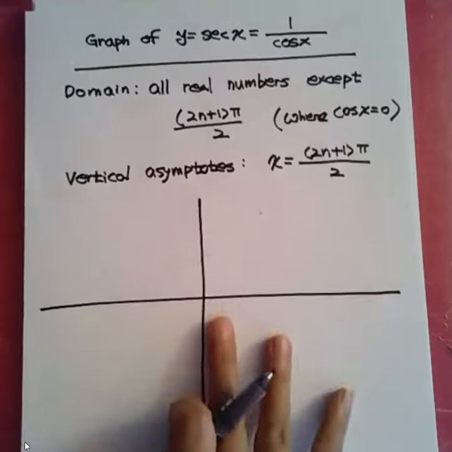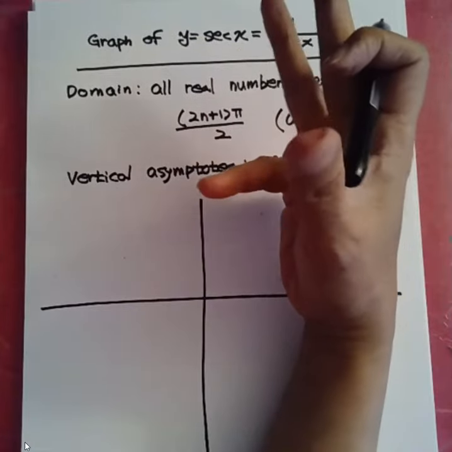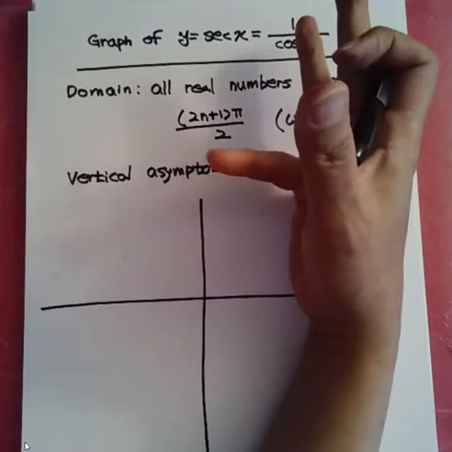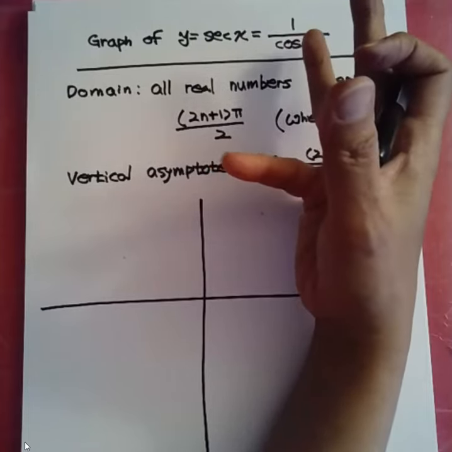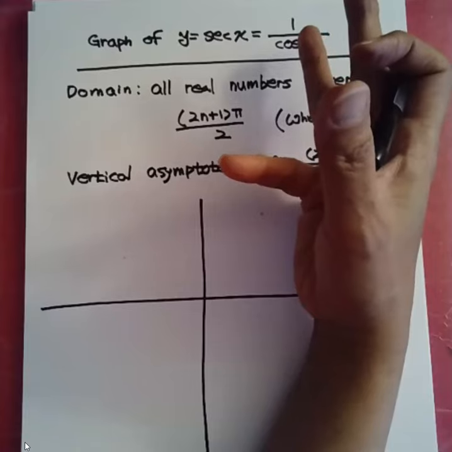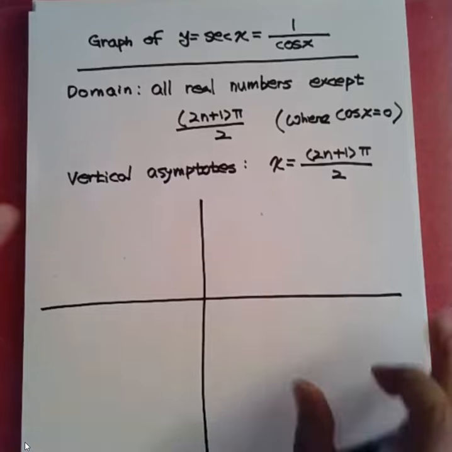The way we graph a secant function, that is defined as the reciprocal of the cosine function. So we will graph the cosine function first, and then we will think about the graphical shape of 1 over cosine.